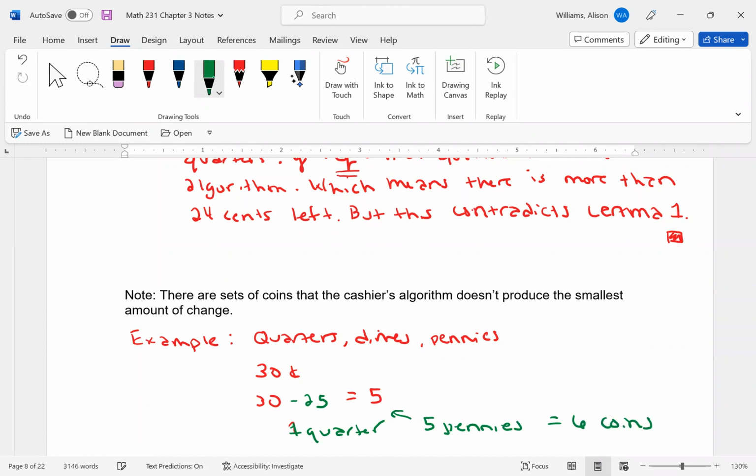But I could have made 30 cents with 3 dimes with this setup. And that's fewer coins. So it doesn't work because we skipped the nickels. So it doesn't work for all combinations. Okay, it does work for quarters, dimes, nickels, and pennies.